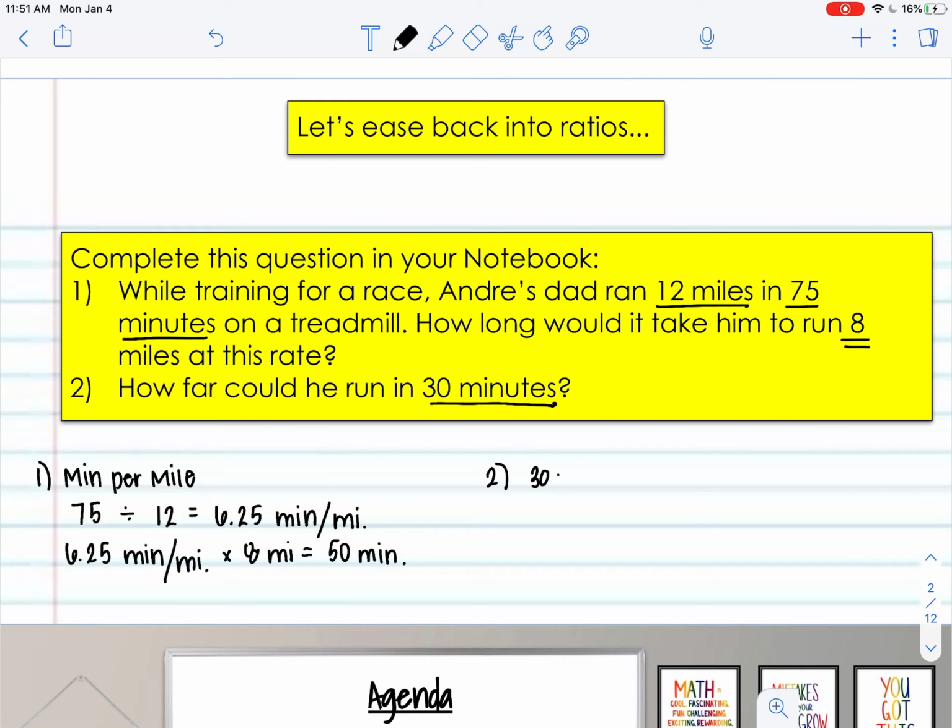I'm dividing 30 minutes by 6.25 minutes per mile. So splitting up my minutes into groups the size of 1 mile, the number of minutes it takes to run 1 mile, is going to give me 4.8 miles.